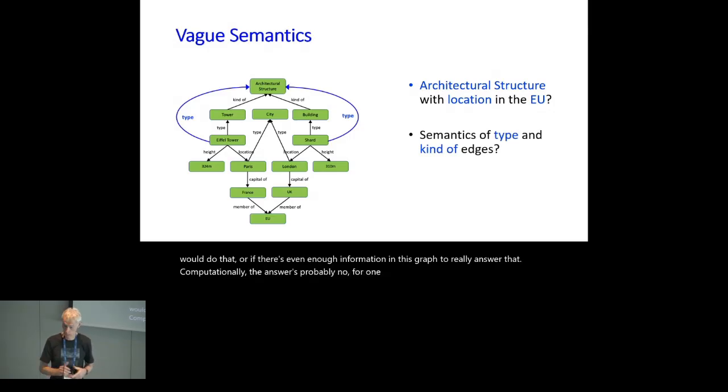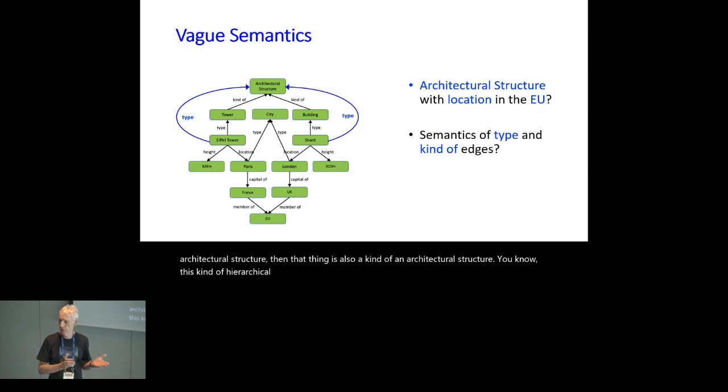For one thing, intuitively, when we have these class hierarchies, we might infer that if something is said to be a kind of tower, and I said that a tower is a kind of architectural structure, then that thing is also a kind of architectural structure. This kind of hierarchical business.